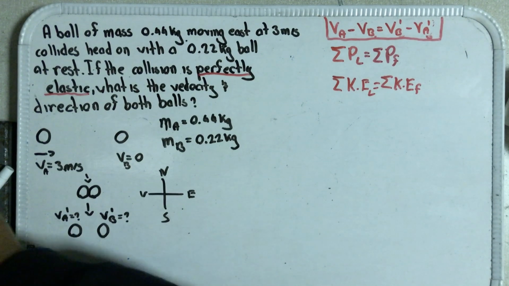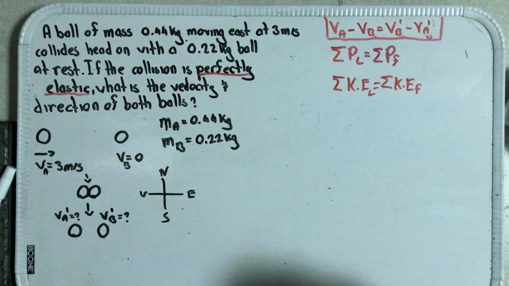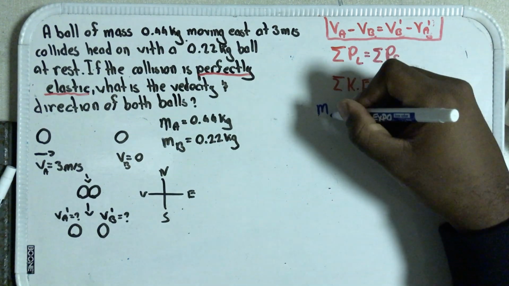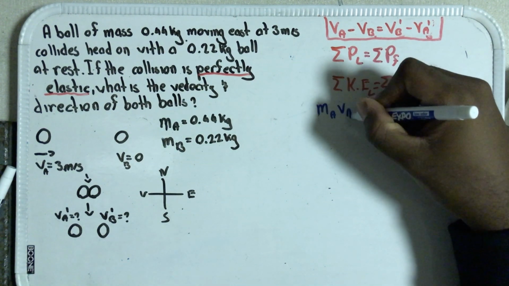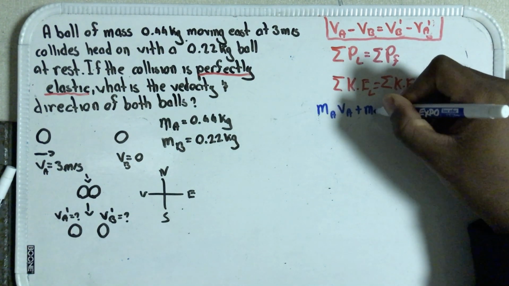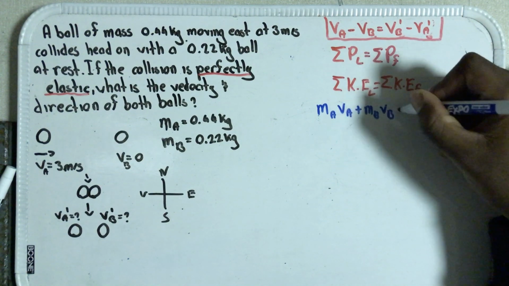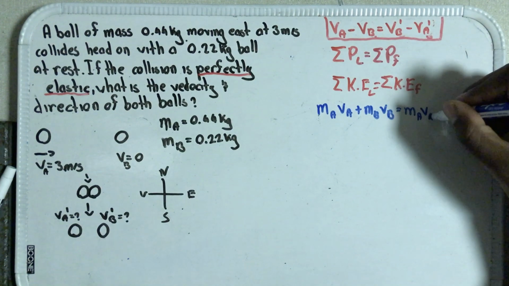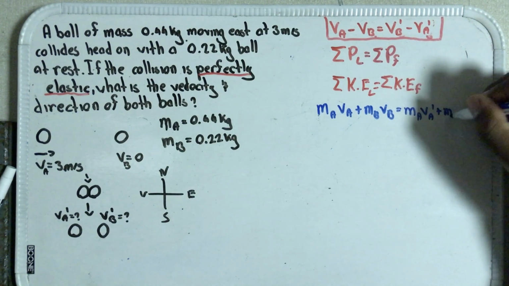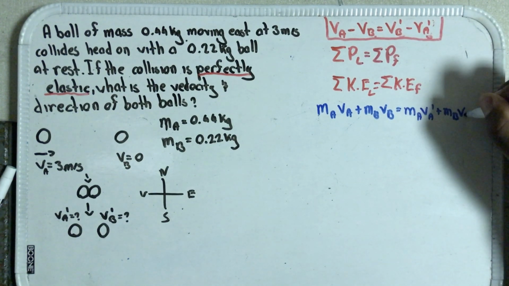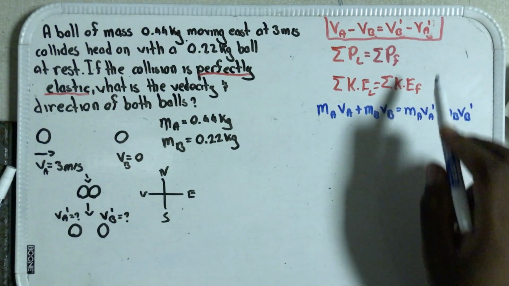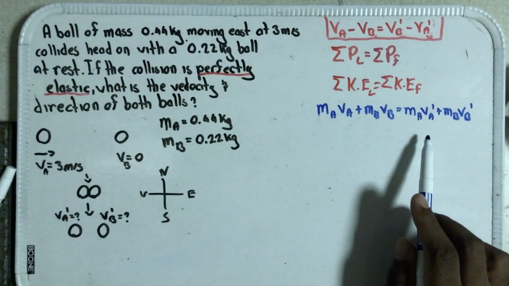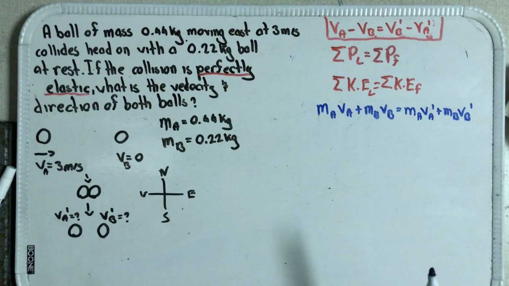So starting off with momentum, I have my conservation of momentum, which says that mass A times velocity A plus mass B times velocity B is equal to mass A times final velocity of A plus mass B times final velocity of B. Now this equation comes in because they're asking me to find two unknowns, and I only have one equation.